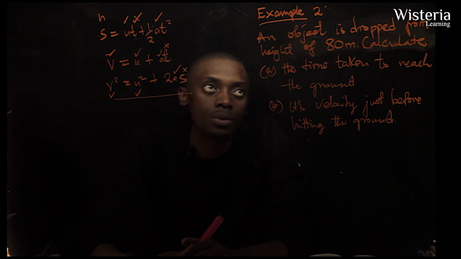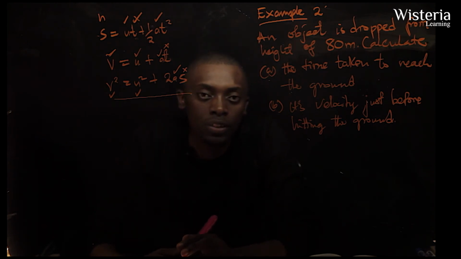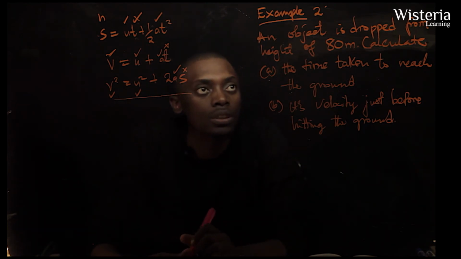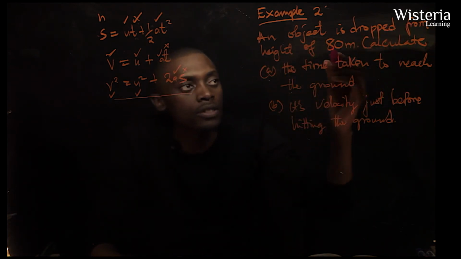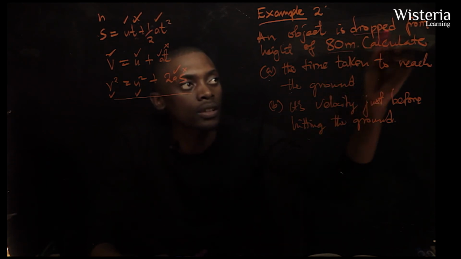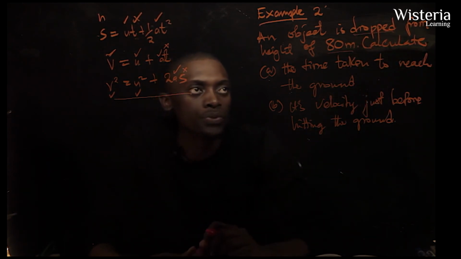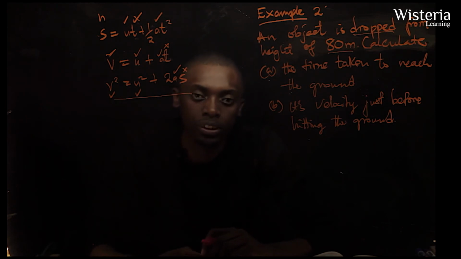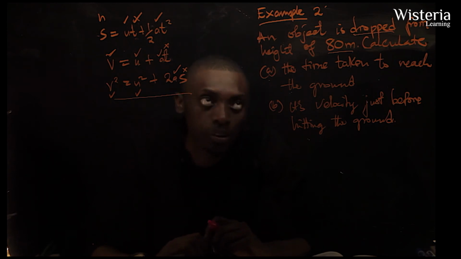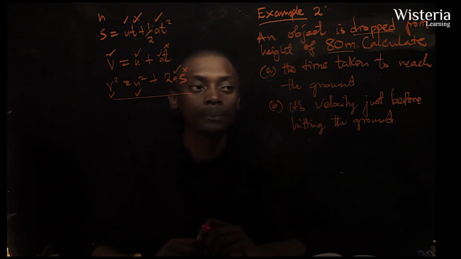Okay, so we have our second example. In this case, we want to see what is happening in the question again. Looking at our first example, we discovered that the object was thrown upwards. In this example, it says an object is dropped from a height which is 80 meters. So here the keyword is dropped from a height, meaning that in this example we are dealing with downwards motion, which is the opposite motion to what we discussed in example number 1.